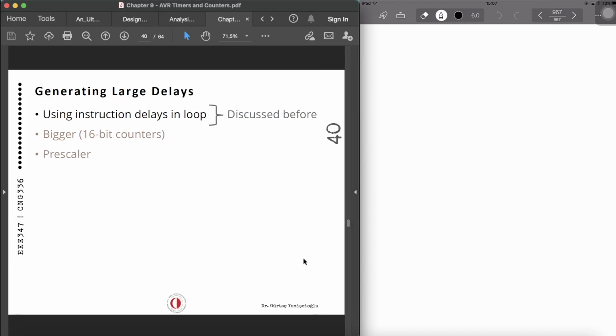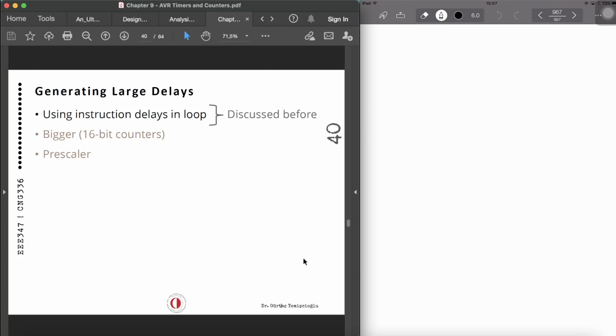Now, if we want to generate larger delays, because an 8-bit timer can go up to 256, as we have seen, and we want anything larger than 256, what do we need to do? Like we have seen before, we can create instruction delay loops, one loop inside another loop.